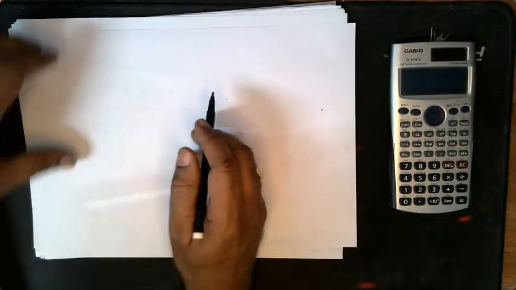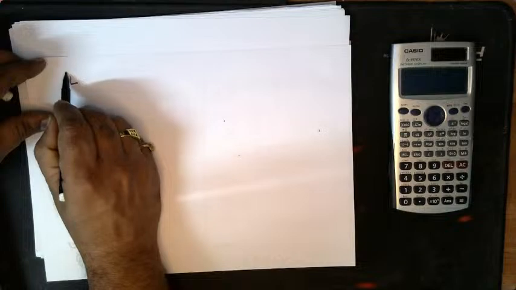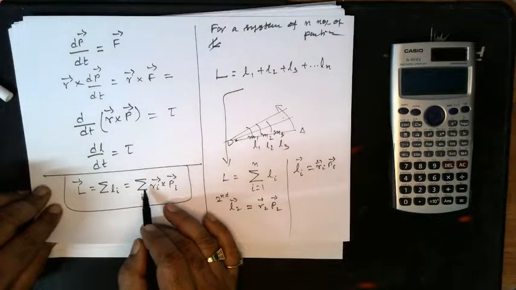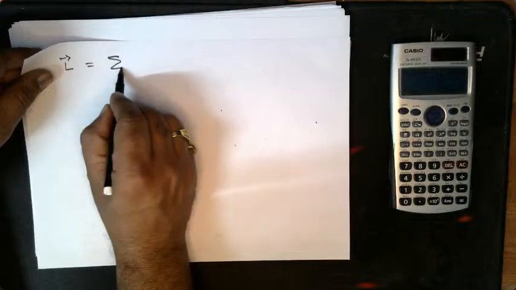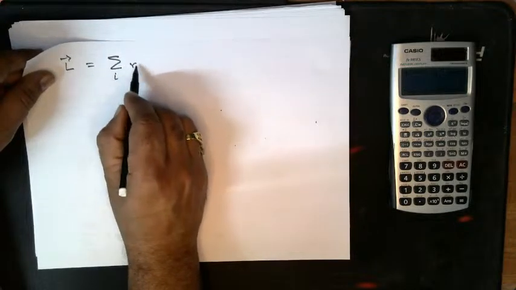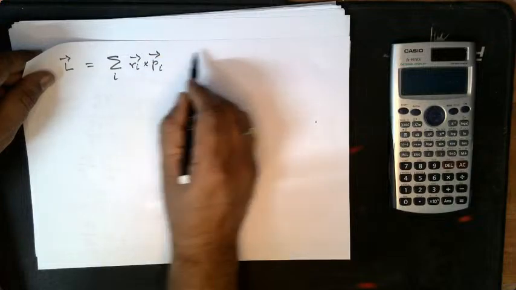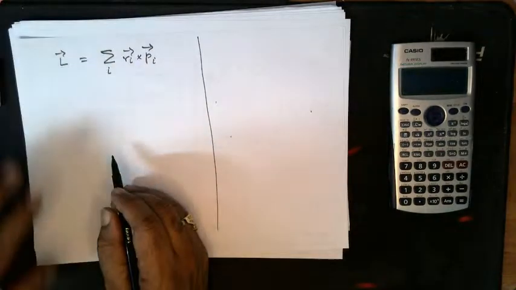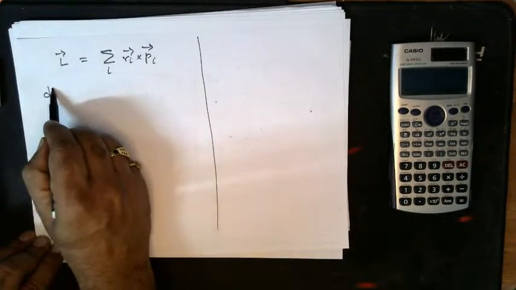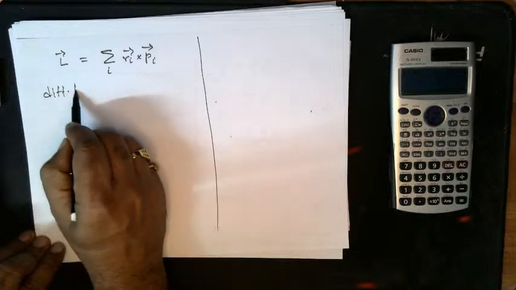What is that equation? L is nothing but the summation of Ri vector cross Pi vector. Now, let us differentiate once again with respect to t.